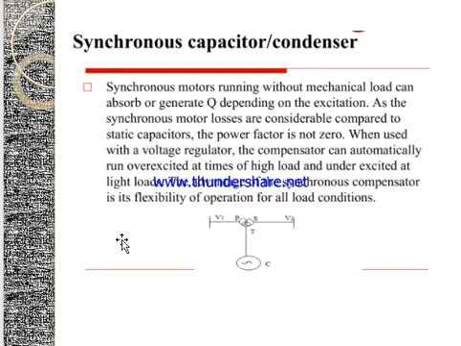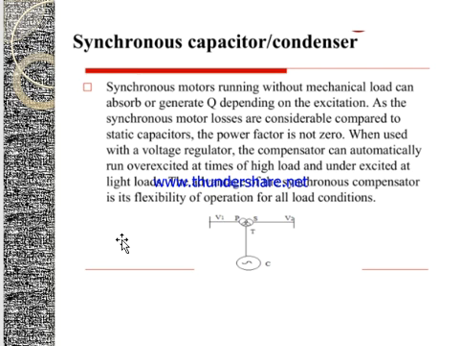In the case of a synchronous capacitor or condenser, the synchronous motor running without mechanical load can absorb or generate reactive power depending on the excitation. As a synchronous motor's losses are considerable compared to static capacitors, the power factor is not equal to 0.